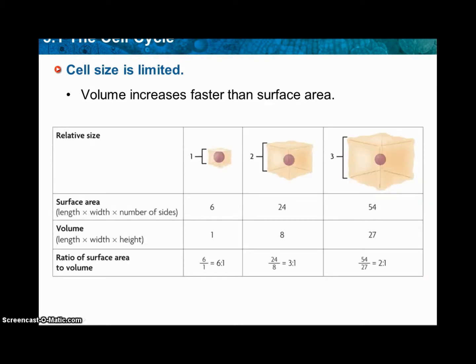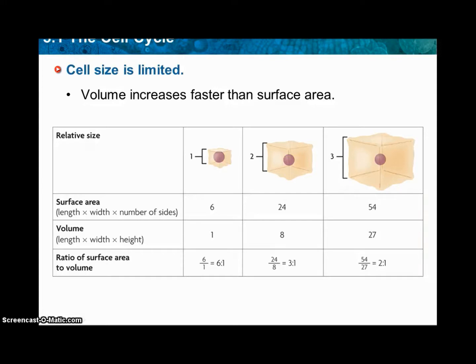Cell size is limited. Volume increases faster than the surface area in cells. So for the relative size, we have a couple of different pictures here, and this is also found on page 129. It talks about the surface area, which is length times width times the number of sides, and then the volume, which is length times width times height.